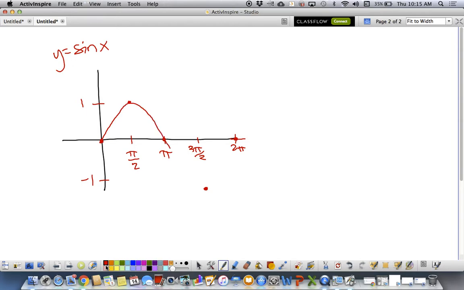Is this the whole sine curve? No, it's just a part. It's 1 period, all the way to 2 pi. Does it continue to the right? What happens after 2 pi? It goes back up and then back down, and keeps going like that.